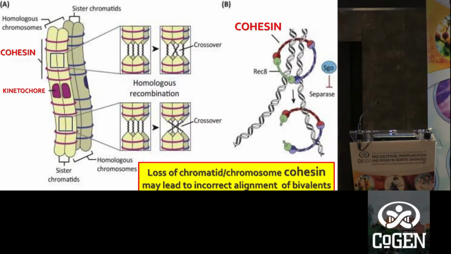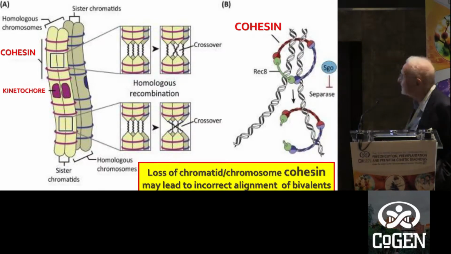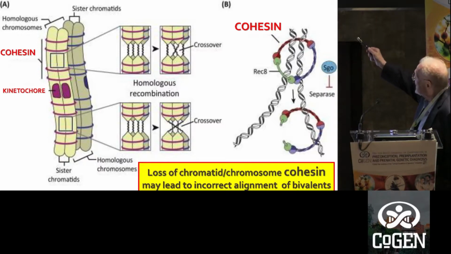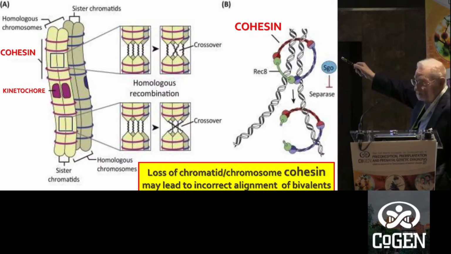Generally speaking, we talk about cohesion holding the chromatids of a single chromosome together, and the kinetochore as the basis for chromosome movement and separation. This is an example on the right of a single cohesion entity, which is a circular structure consisting of 4 subunits.